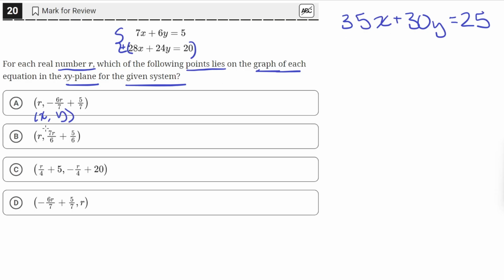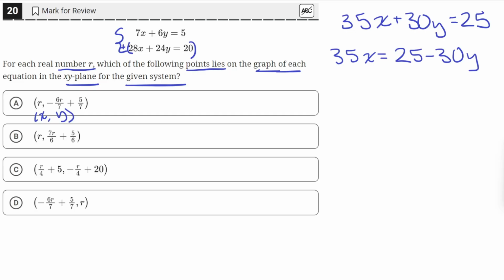So for these first 2 points, we see that the x value is r. So we can solve these equations here for the value of x. So let's move the 30y to the other side. So we get 35x equals 25 minus 30y.